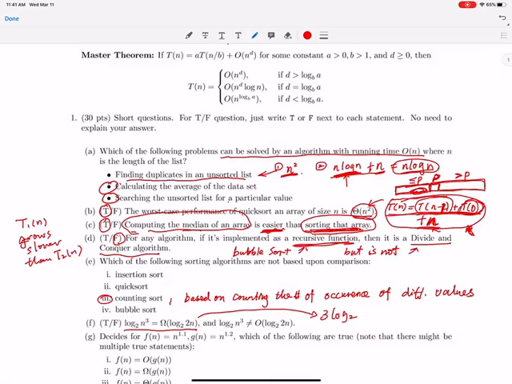First of all, we do have a linear time algorithm to find the median of an array, which unfortunately we didn't talk about. On the other hand, sorting arrays, we know it can be done in linear time if we use counting sort and radix sort algorithms.